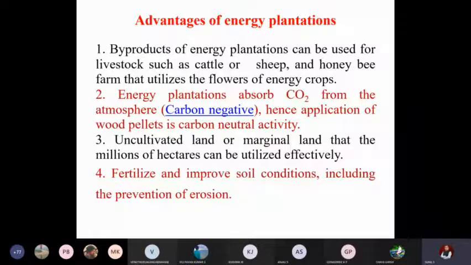Uncultivated or marginal land or barren land of millions of hectares is available. You can select the crops which can grow with very little water, and that can be used. We can improve the soil conditions by marginal fertilization. So it has two benefits: it prevents the erosion of the top layer of soil.